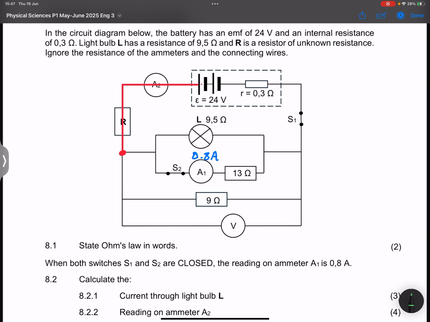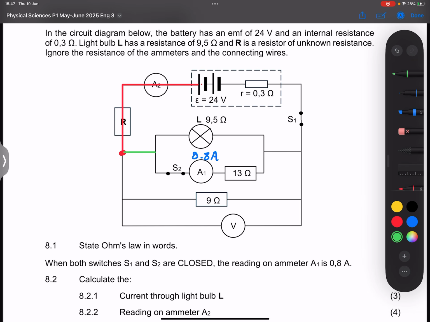Some of the current goes over here, but it divides even further. So you'd have current, let's say, there it is over there, the yellow current. Let's say also there, let's use another color that we haven't used, the blue current over there.